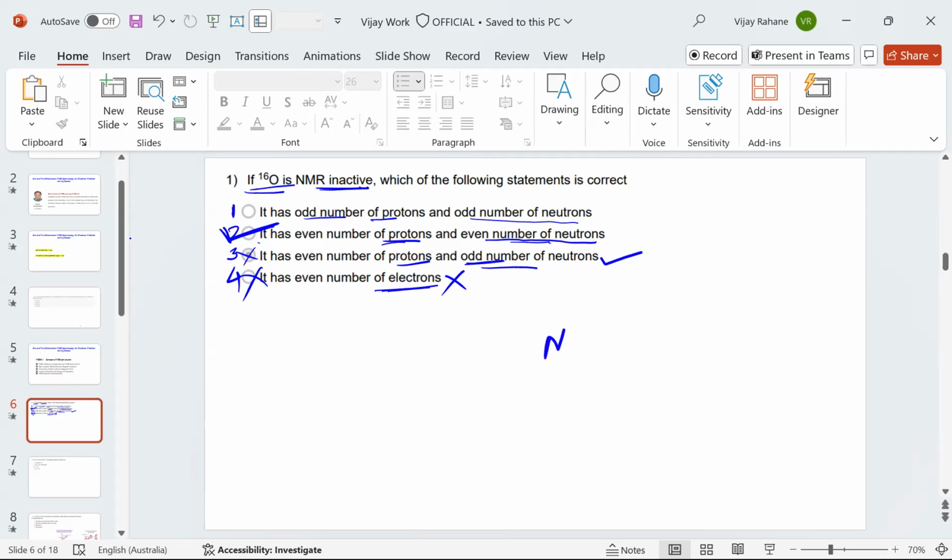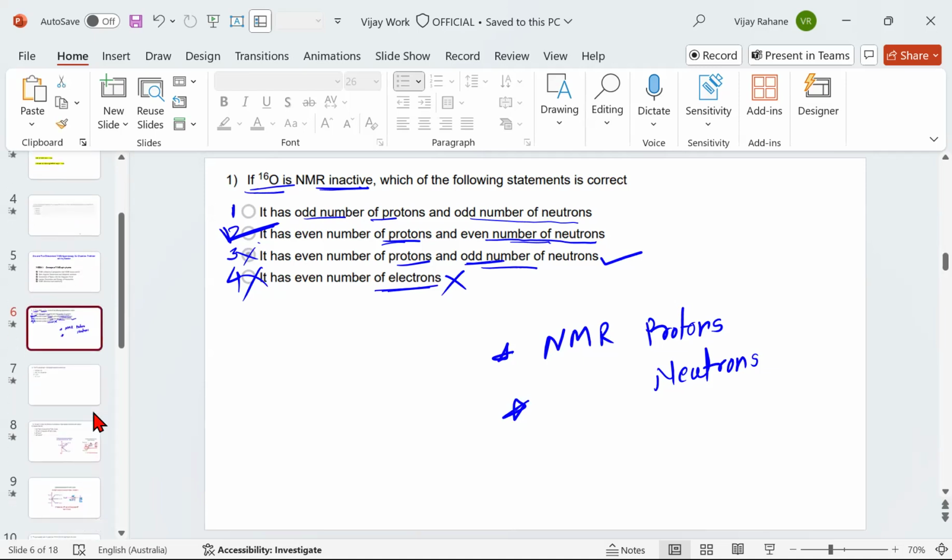In NMR we only consider the protons and the neutrons, you have to keep this in mind, because NMR is nuclear magnetic resonance, so whatever entity is in the nucleus, that only we consider. So option 2 is the correct option here, right? Does anyone have any doubt here? No, sir.